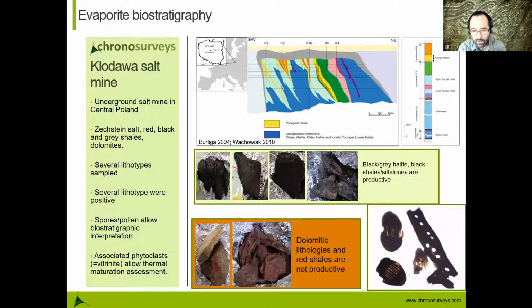And again, ongoing work, we still need to oxidize this and study it in a bit more detail. But this, I think, adds to the evidence that regardless of the age, as long as you select correctly the type of samples and use the correct method, then biostratigraphy on evaporites does work, and you do get relevant results.